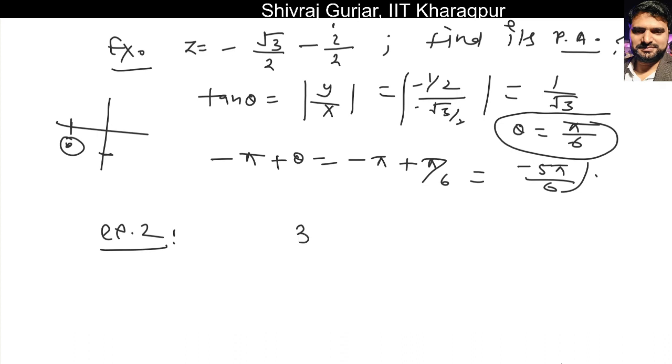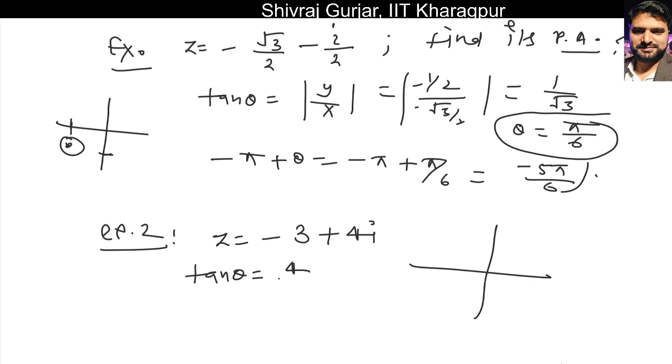Let us say minus 3 plus 4i. This is the complex number. Then see, first calculate tan theta. Tan theta will be 4 by 3 because we have to take the modulus value. So theta is tan inverse 4 by 3, and this is positive, so this will lie between 0 to pi by 2.